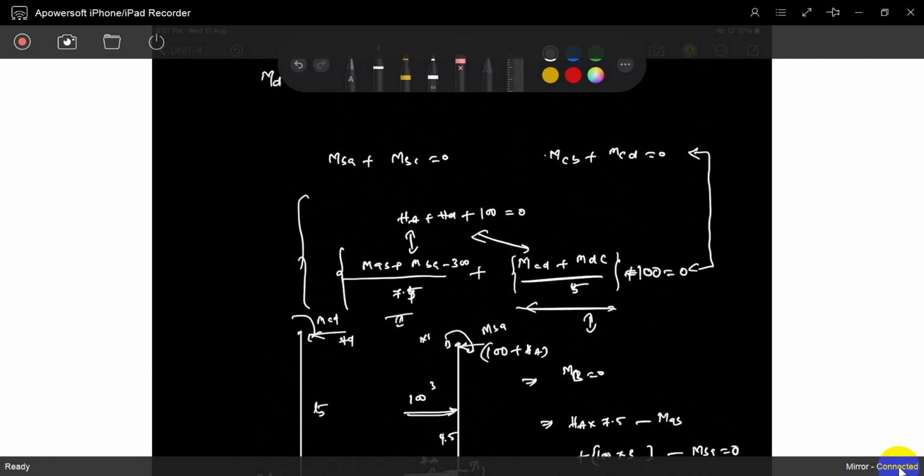So, three equations, three unknowns. This is the one, two, and three equation. Three equations, three unknowns.